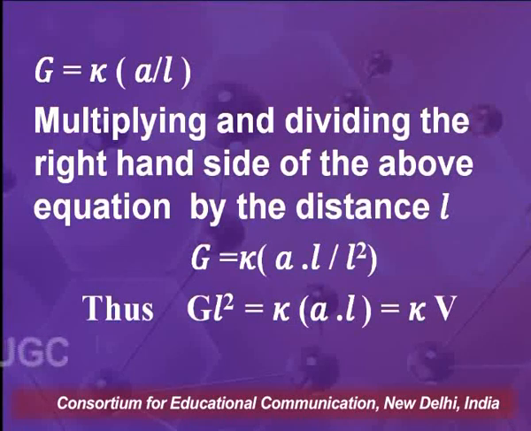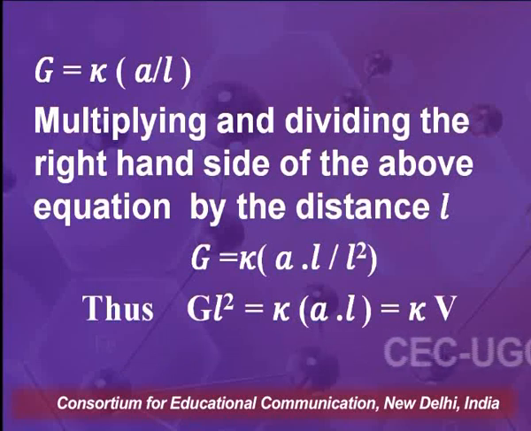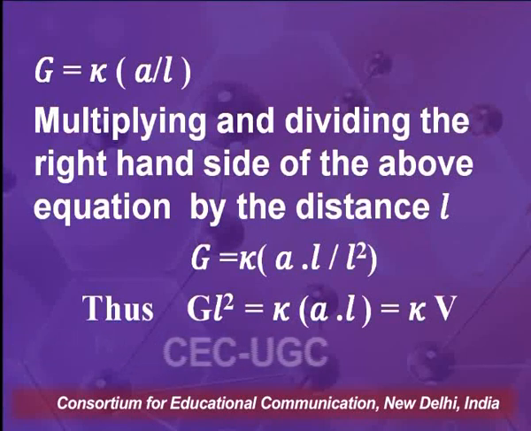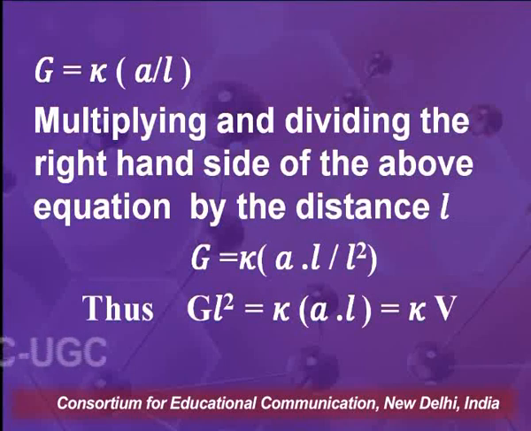Multiplying the right hand side of the above equation by distance L and also dividing it by distance L will make no difference, and we will be able to get the relation for lambda equivalent. G is equal to kappa into AL by L square.